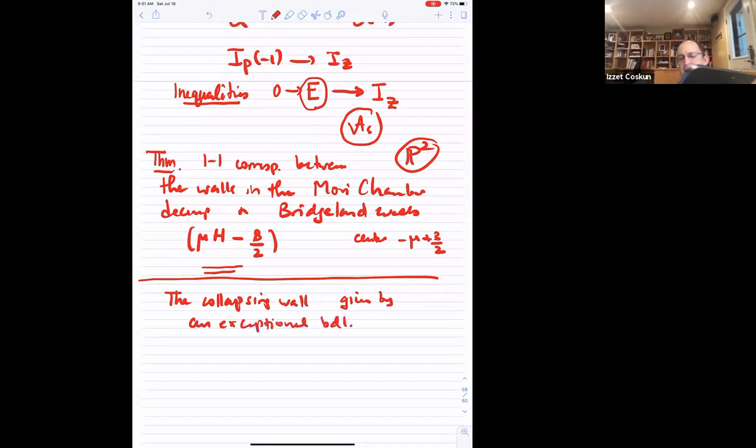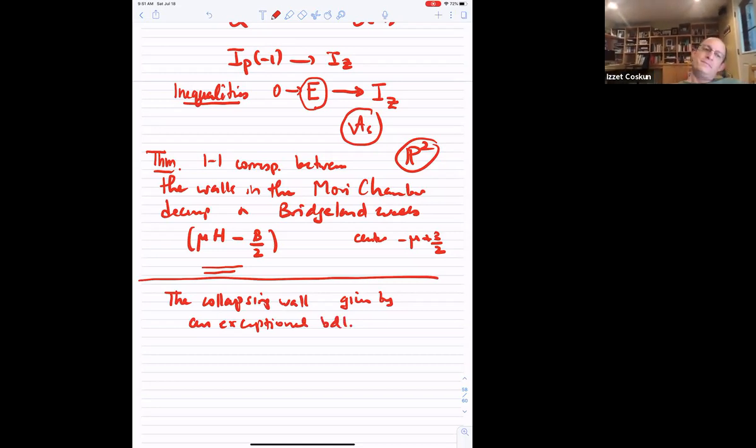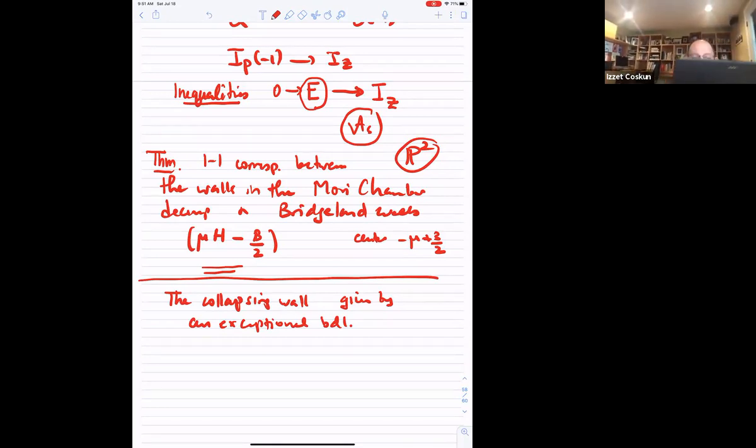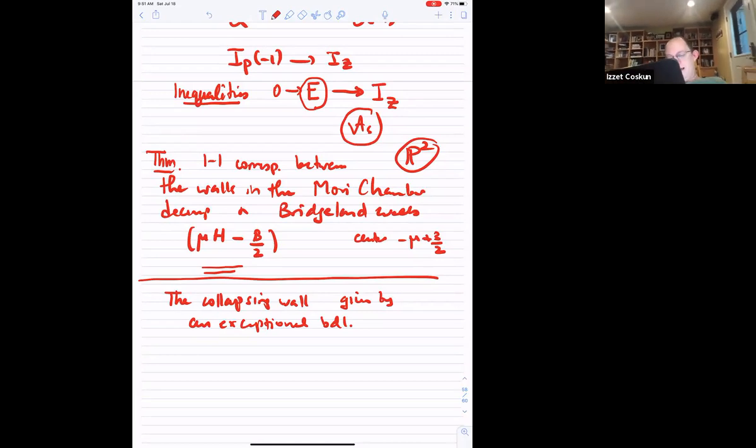And it's the exceptional bundle that's determined by the procedure I described last time. We looked at the classification of stable bundles, and then we looked at the orthogonal parabola, and it met the Drézet-Le Potier curve in one point, and then there was a controlling exceptional bundle.